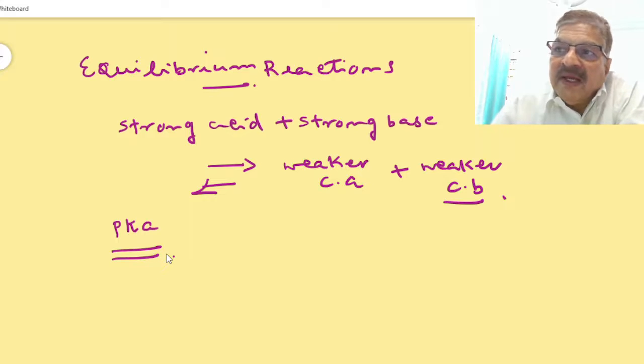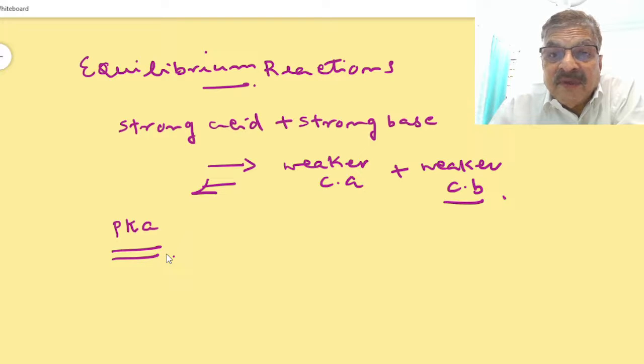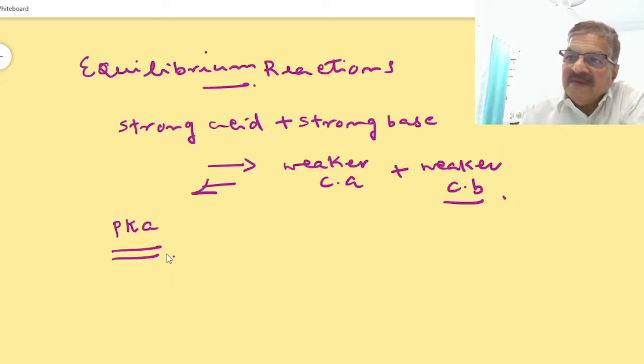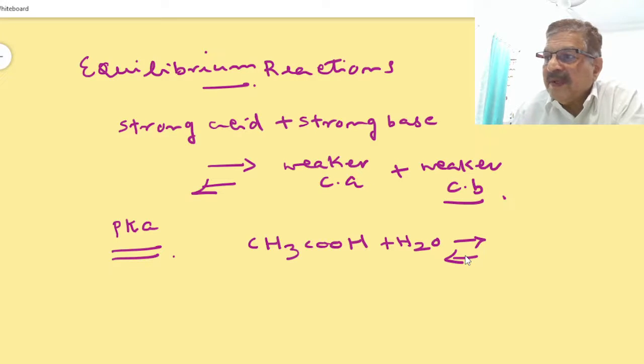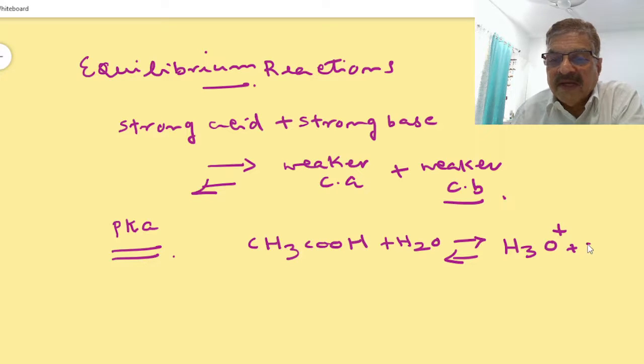Now in this acid-base reaction, we have seen the general rule, that the equilibrium always favors the weaker acid and the weaker base here. Now if you take an example, acetic acid. When this acetic acid is dissolved in water, the products formed are the hydronium ion and the acetate anion.